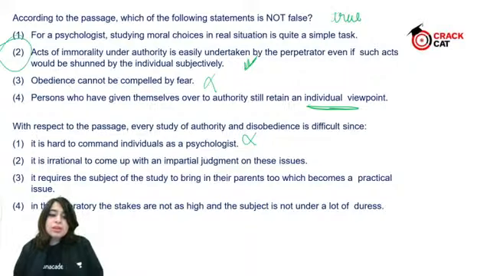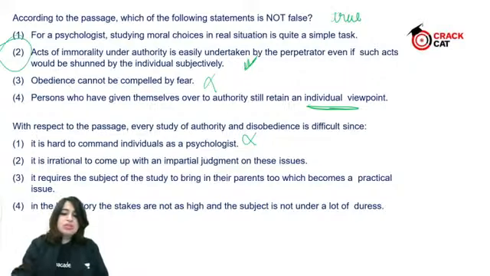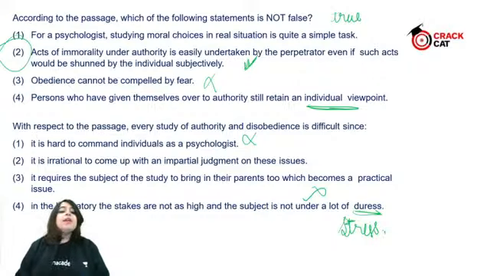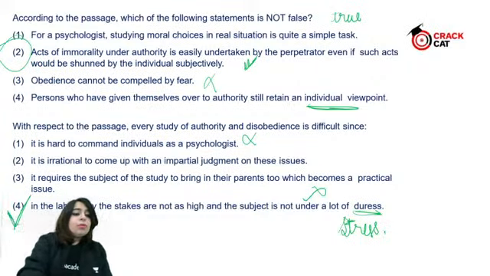It requires a subject of study to bring in their parents too, which becomes a practical issue. Oh my god, that's totally not the answer. In the laboratory, the stakes are not as high and the subject is not under a lot of duress. Duress is nothing but stress, so it's another term for stress. Don't get confused, guys. So I think yes, the answer should be the fourth one.